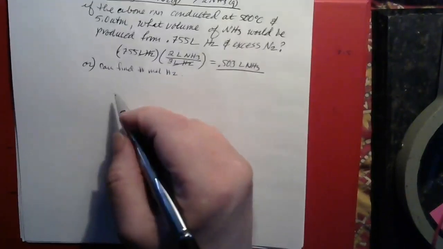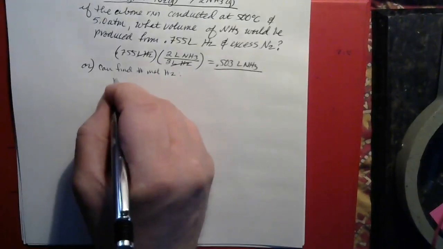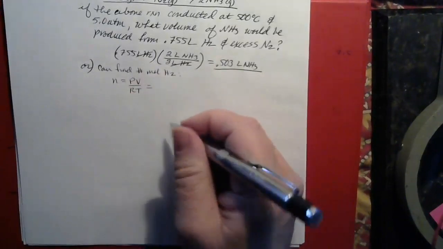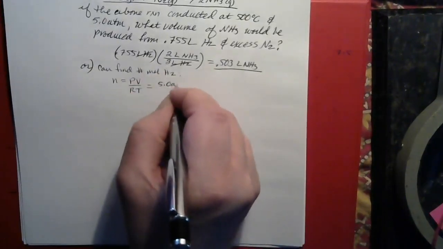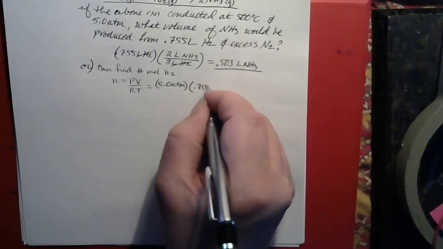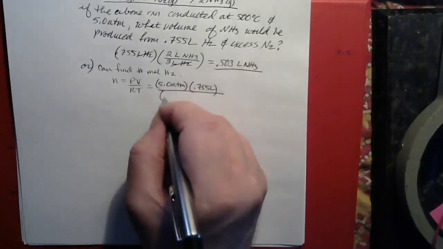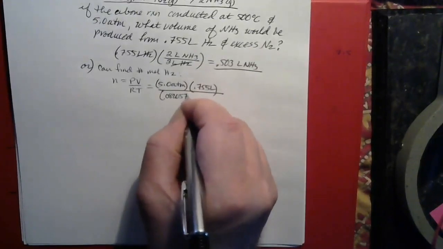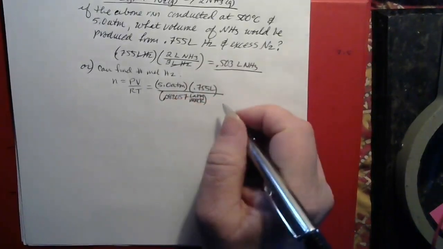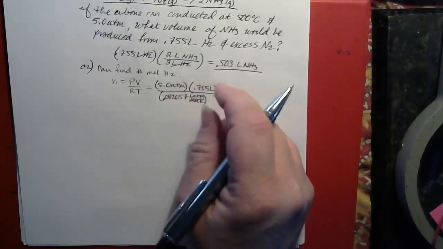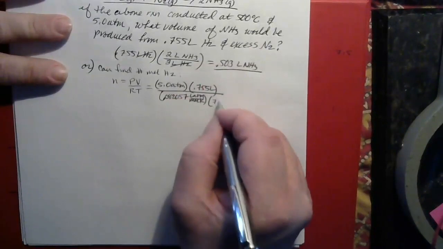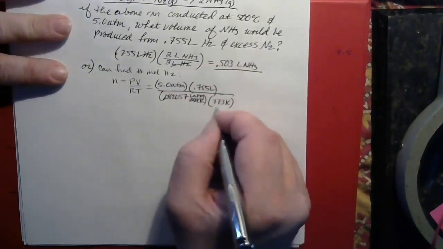So first thing we'd want to do is find out the number of moles of hydrogen that are being produced. So n would be PV over RT. 5 atmospheres for the pressure, 0.755 liters for the volume, 0.082057 liter atmospheres over mole kelvins for R. And temperature would be 773 Kelvin.